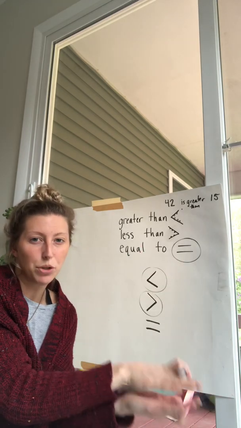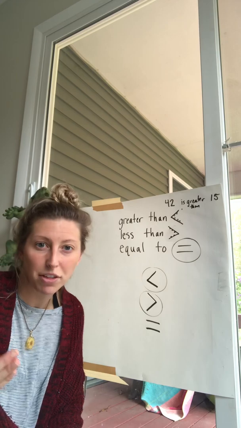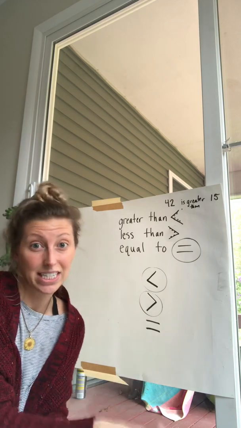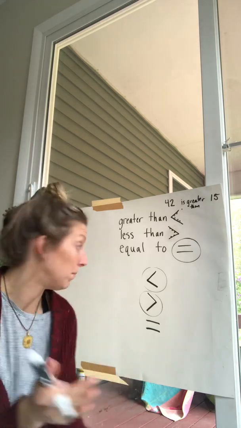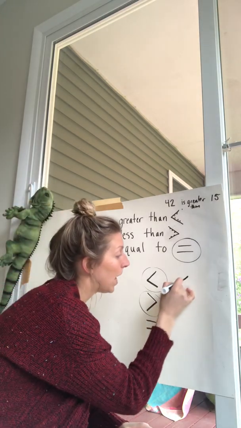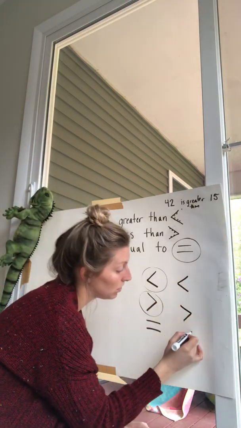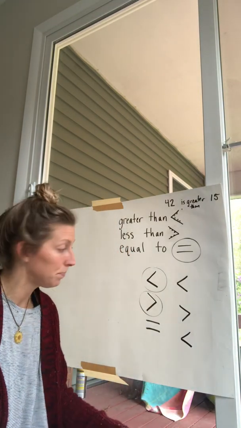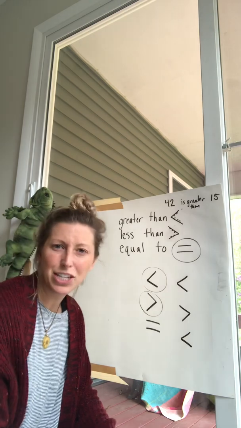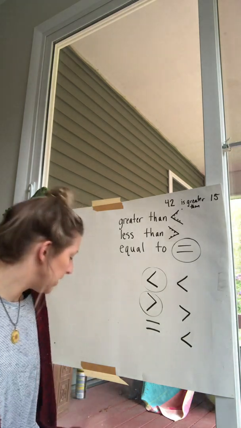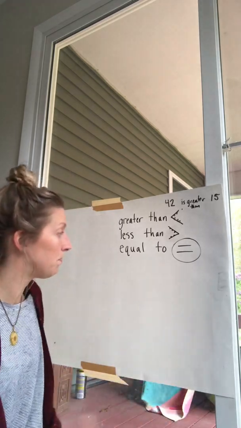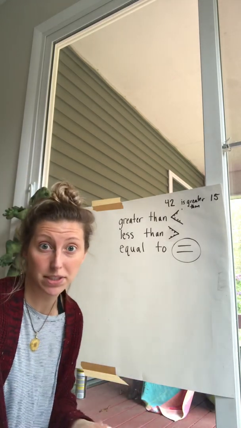Those just help you remind yourself that that's an alligator and that it's always eating the bigger number. So practice those on a plain piece of paper first. And when you think you've got it, then with those symbols, you're going to do these 4 problems.